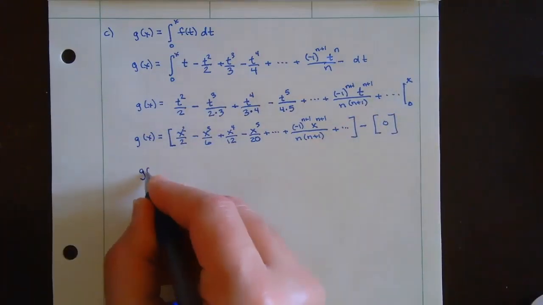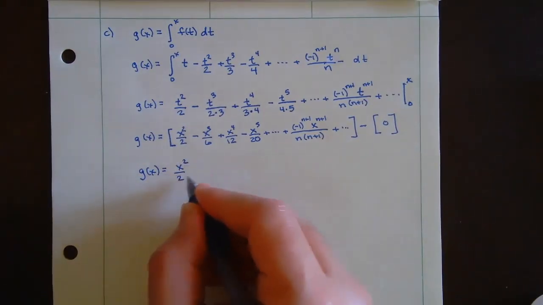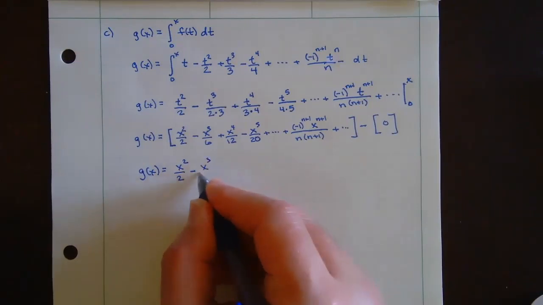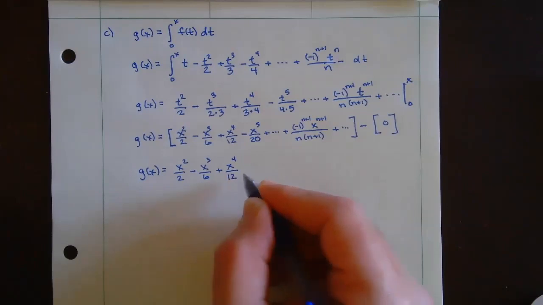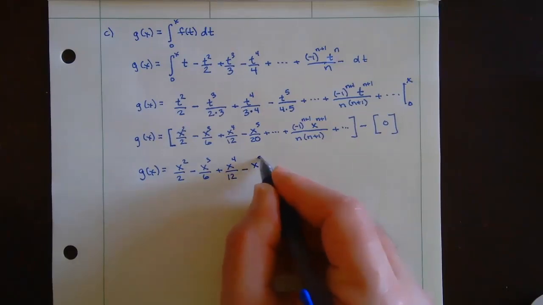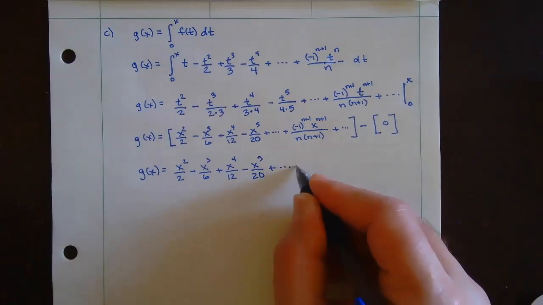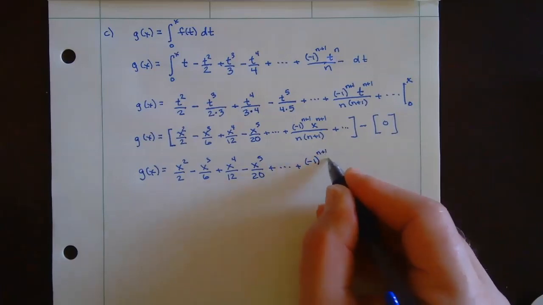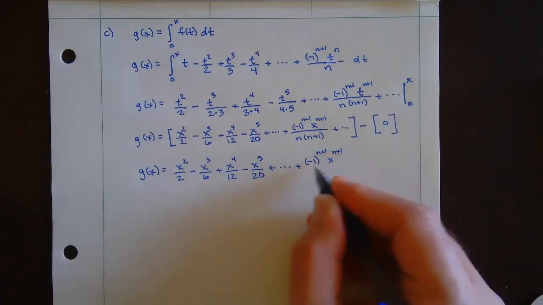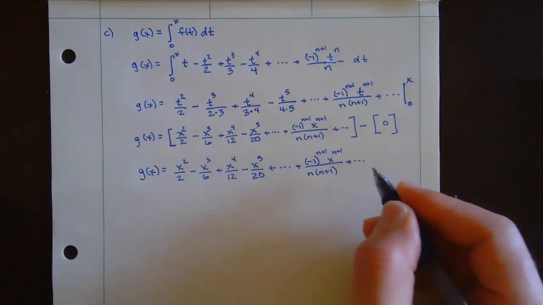So our function g of x becomes x squared over 2 minus x cubed over 6 plus x to the 4th over 12 minus x to the 5th over 20 plus dot dot dot, and then plus negative 1 to the n plus 1, x to the n plus 1 over n times n plus 1, plus dot dot dot, because it keeps going forever.